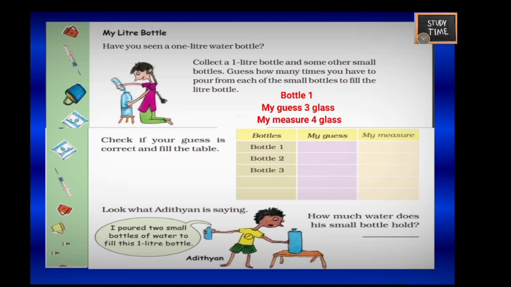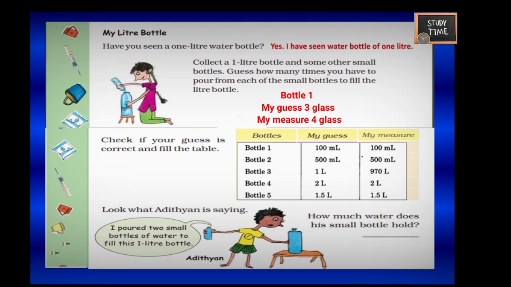You can check with your glasses or cups, or you can also have small bottles. Try filling the small bottle and pour it in the 1 liter bottle. Check how many times the 1 liter bottle is getting filled. Check if your guess is correct and fill the table.